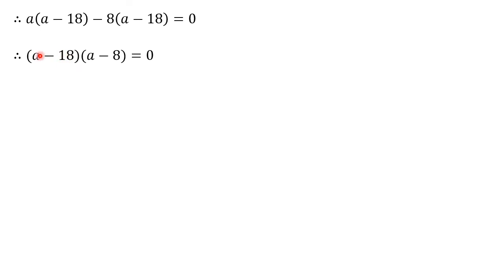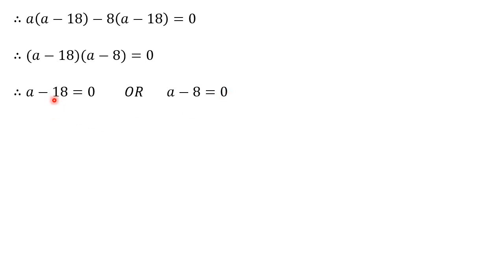Now see, this is one number and this is another number, and the product of these two numbers is 0. That means if we take this as a and this as b, so ab is equal to 0. So we can say that either a is 0 or b is 0. Similarly here we will write that a minus 18 is 0 or a minus 8 is 0.